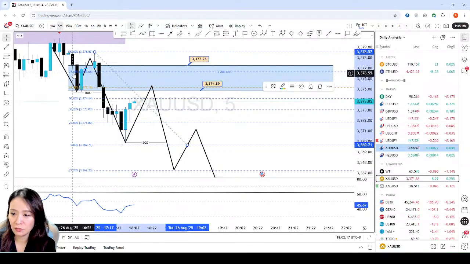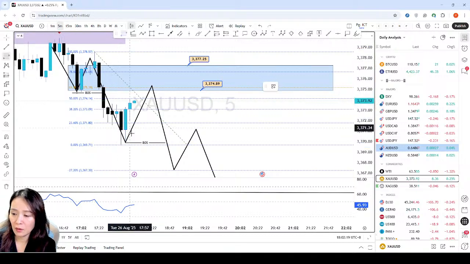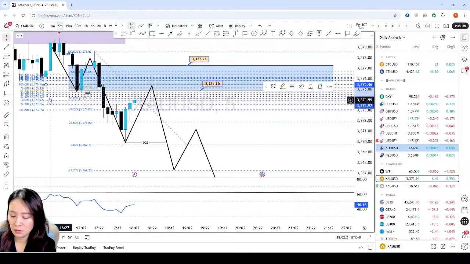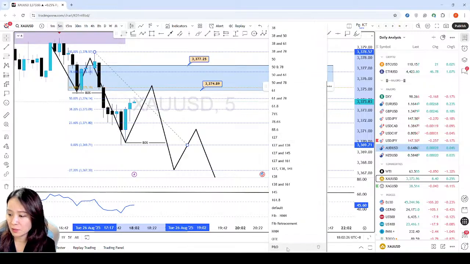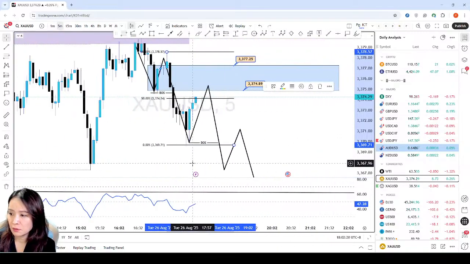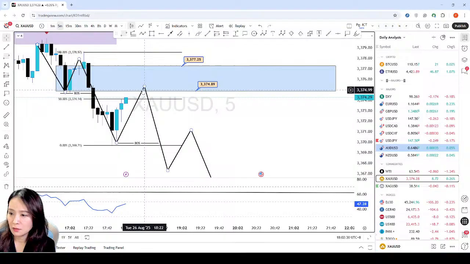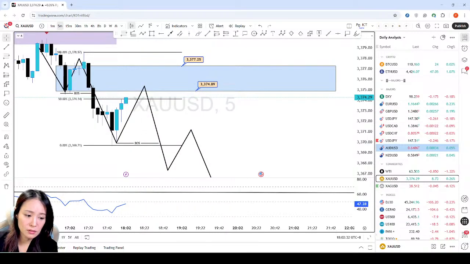That's my premium zone, right? That's going to be our premium zone. Premium and discount zone is here. You can see that neither of the rising moves should be traded.